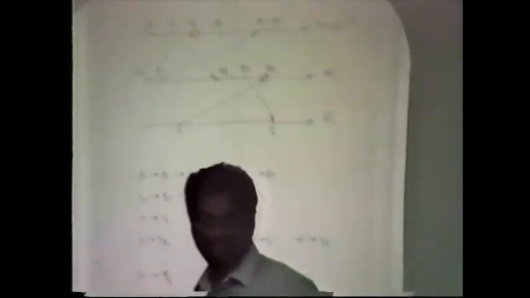The two events are circled in red, P2 and Q4. Okay, therefore, P2 and Q4 are concurrent.